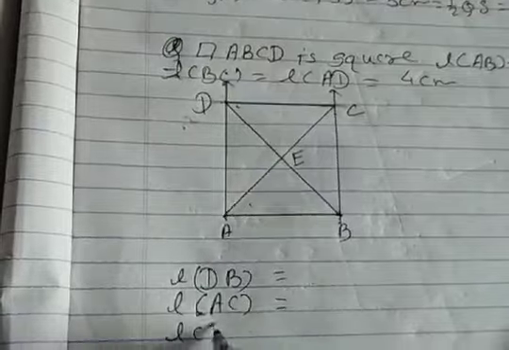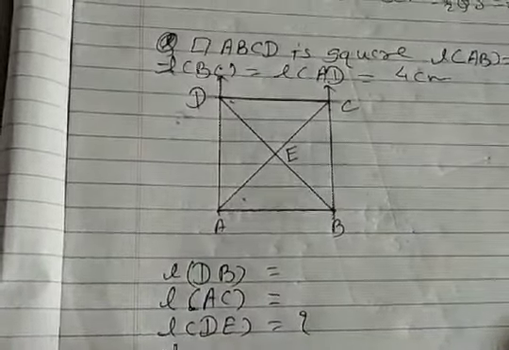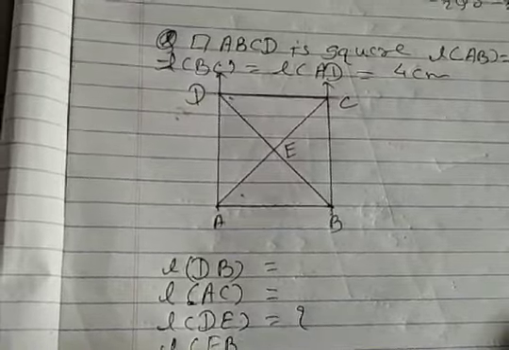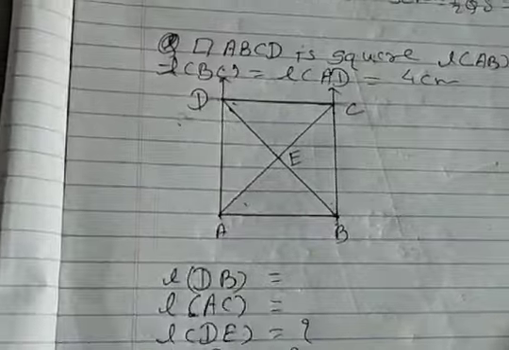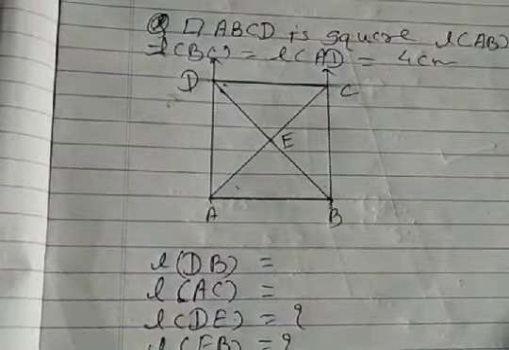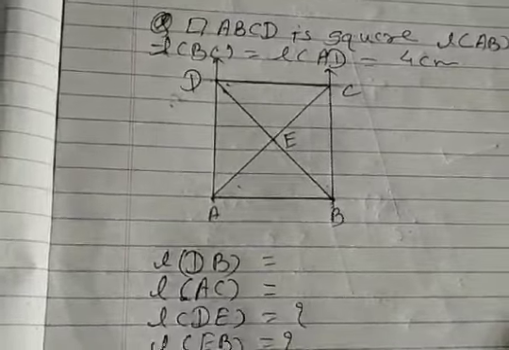Then you have to measure the length of DE, then the length of EB. Then you have to find out the length of AE, then the length of EC.